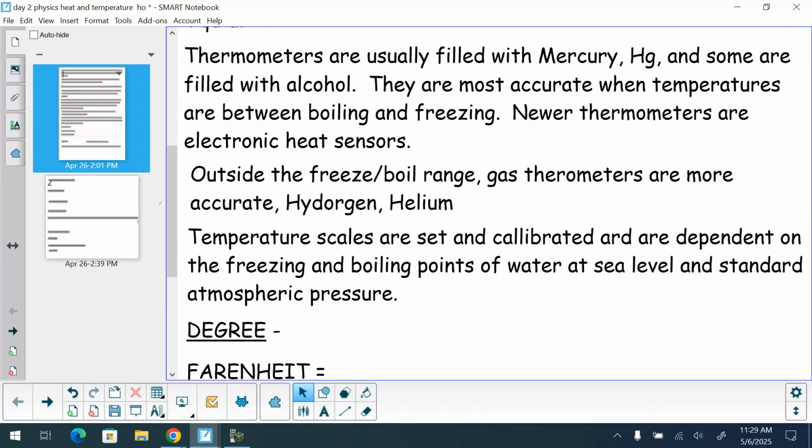So you start running into issues at higher elevations because the pressure is a little bit different. But we have to have standard atmospheric pressure, and we're going to be at sea level.